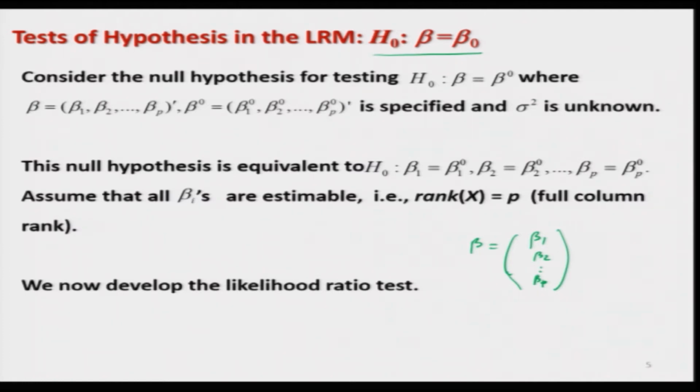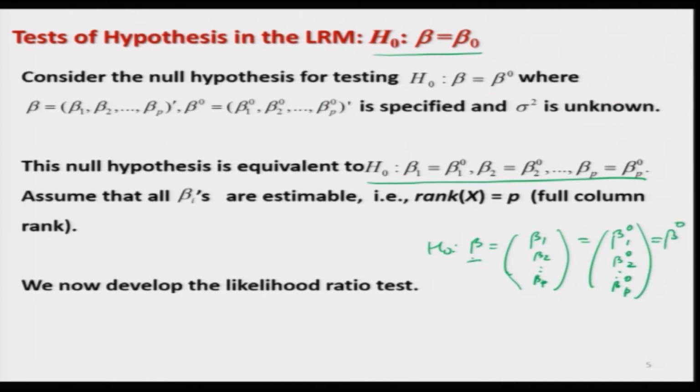So, what do we want to test here? We want to test the null hypothesis H naught: beta 1 is equal to beta 1 naught, beta 2 is equal to beta 2 naught, and beta p is equal to beta p naught. That means I want to test the hypothesis beta equal to the vector beta naught 1, beta naught 2, up to beta naught p, and this I am going to denote by beta naught.